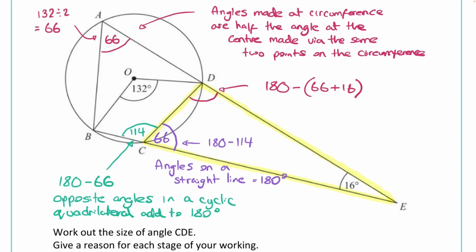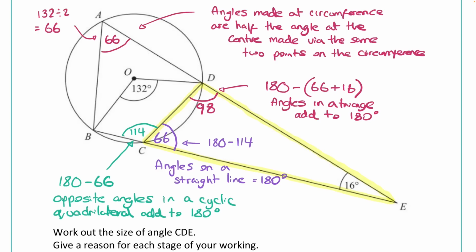So 180, take away 66, add 16, and that gives me 98 degrees. And again, reason for that, angles in a triangle, you can write sum to or add up to. I'm just going to put add to 180 degrees. And there we go, there's my final answer, 98 degrees, just a little bit bigger than a right angle.